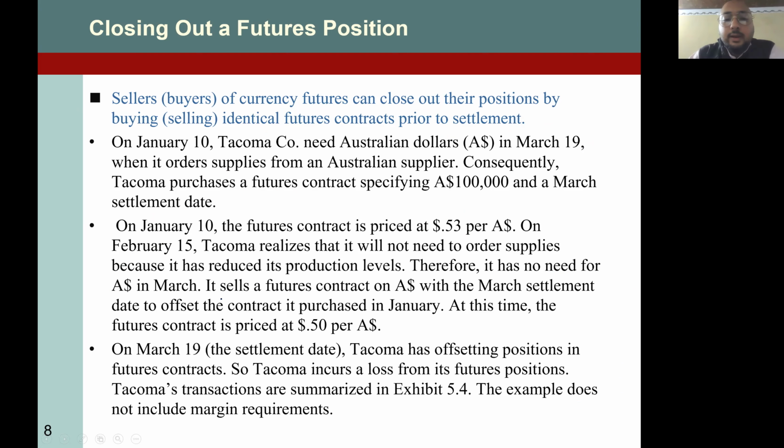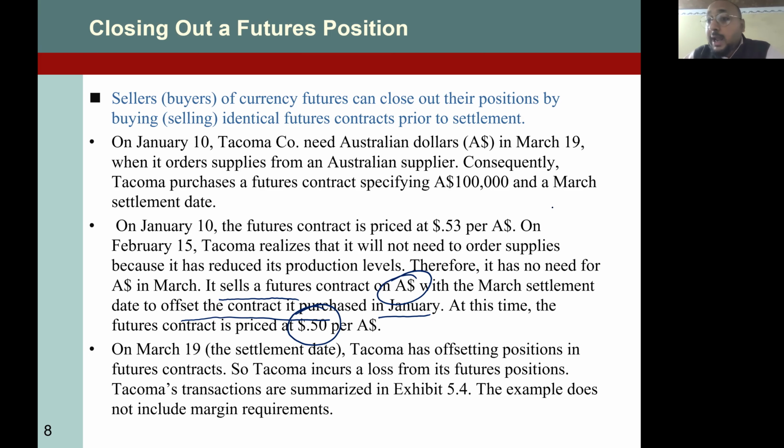So it sells future contract of Australian dollar with March settlement date to offset the contract it purchased in January. So at this time, the future contract price is 0.50 per Australian dollar.